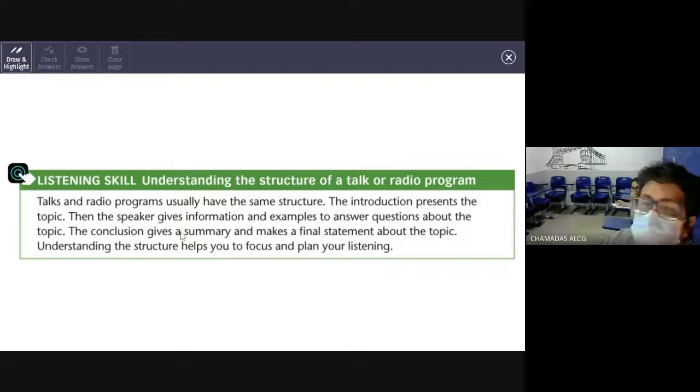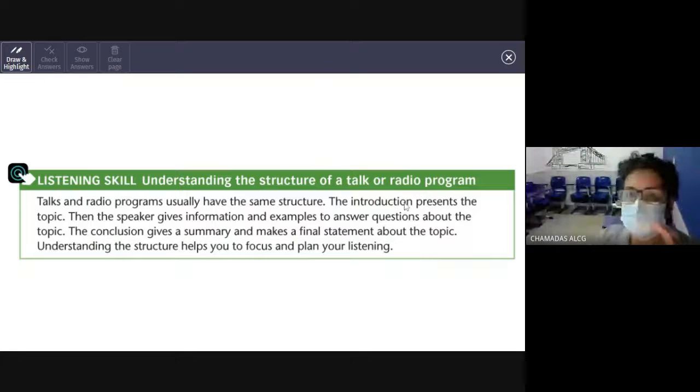The conclusion gives a summary and makes the final statement about the topic. Understanding the structure helps you to focus and plan your listening. So when it's a talk or radio program, they usually follow the same structure.